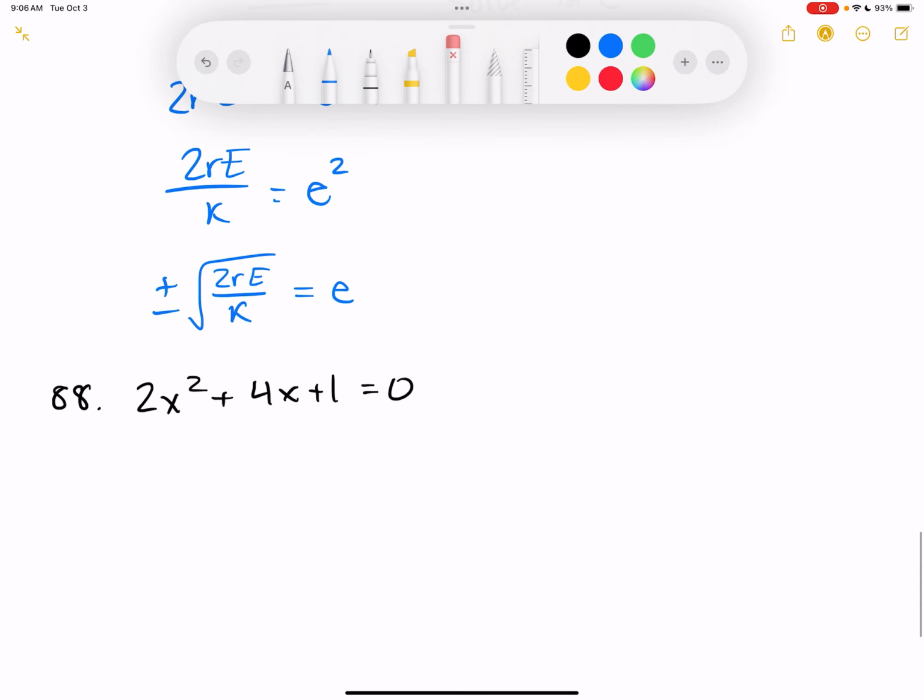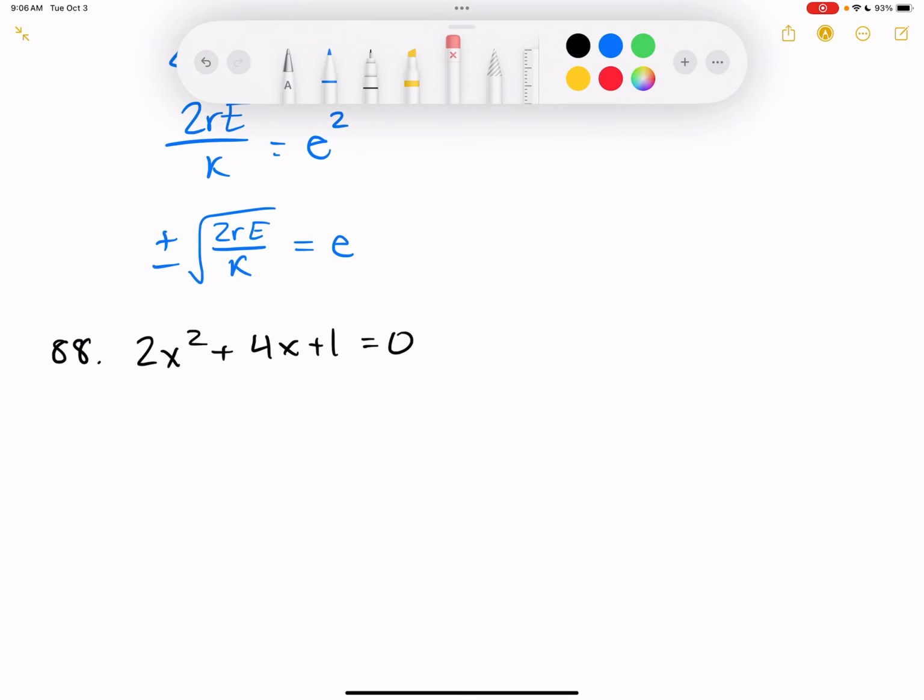So I'm just plugging the numbers into that. That's going to be 4 squared minus 4 times 2 times 1. So that's going to be 16 minus 8, which is 8.